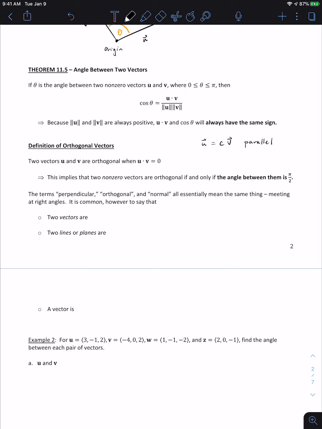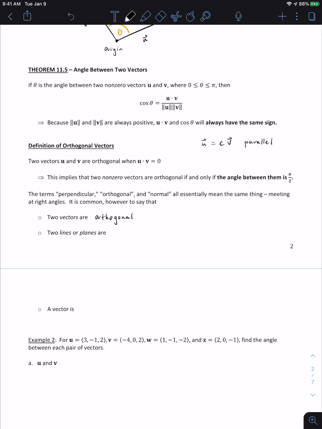Okay, one thing to note here is some terminology: the terms perpendicular, orthogonal, and normal all essentially mean the same thing. They just mean you make a right angle. So why are there 3 different terms, and when do we use them? Well, typically, and this is more convention than anything stated specifically in the texts, anytime we're talking about vectors, we say that they are orthogonal.